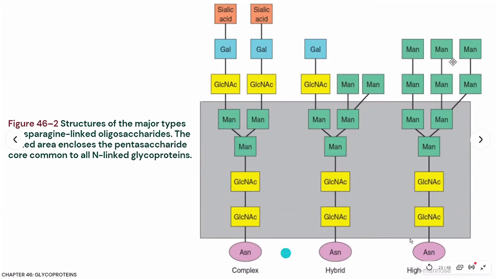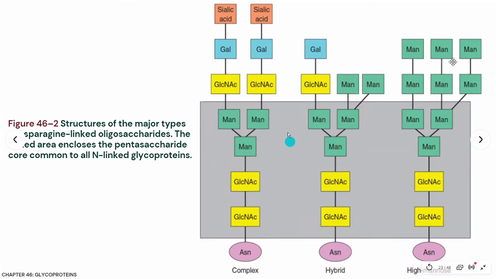These three, complex, hybrid, and high mannose, are similar only up to there. So they are similar. They differ in the terminal portions.